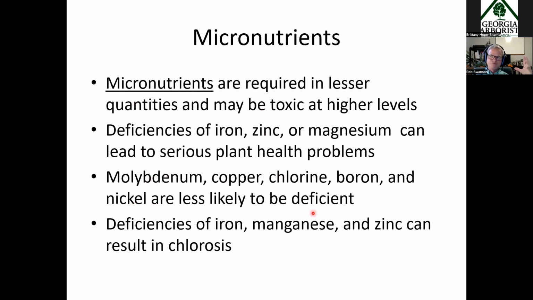These are what make up our basic soils, so it'd be very rare not to have these. We can do it clinically in the laboratory and show that it does cause problems, but out in the real world, you're not very likely to see this. So deficiencies of iron, magnesium, and zinc can result in, here's our word again, chlorosis. So this chlorosis, again, is the yellowing of the leaves.